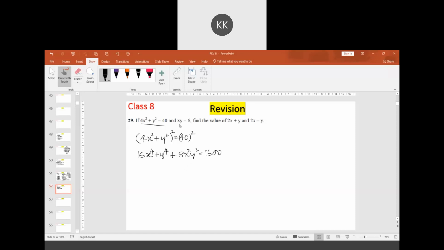We want to replace xy with 6, so 36 to be multiplied by 8. So 16x to the power 4 plus y to the power 4 equals 1600 minus 8 times 36. Then what will we do? So we got stuck there.